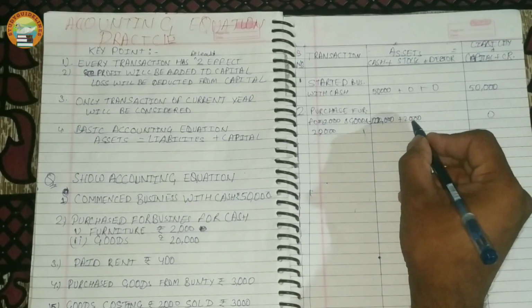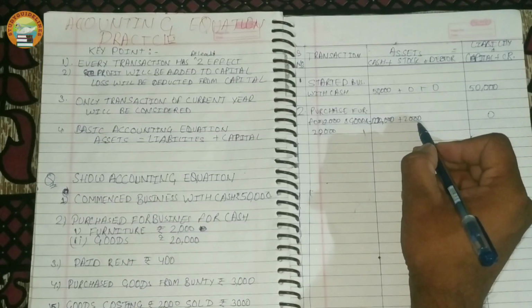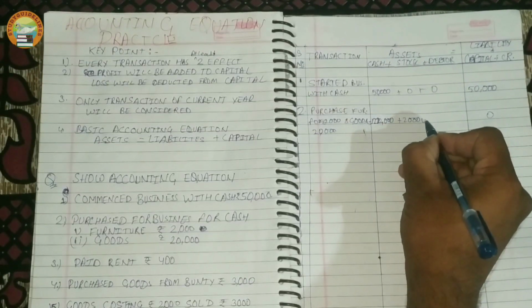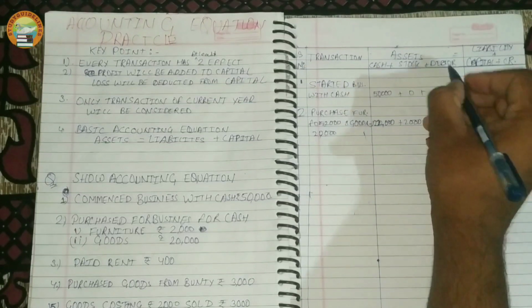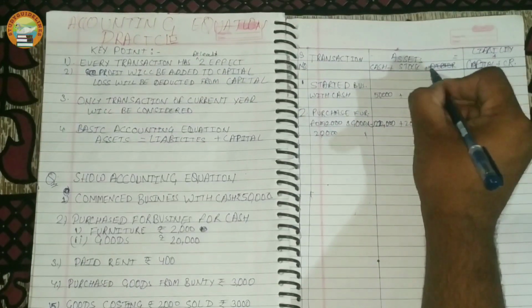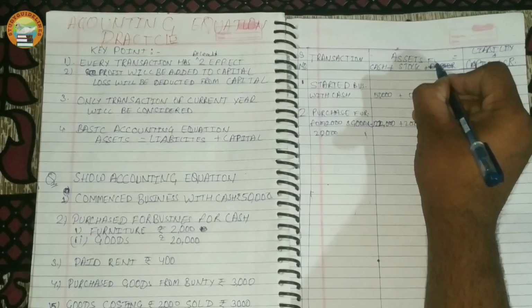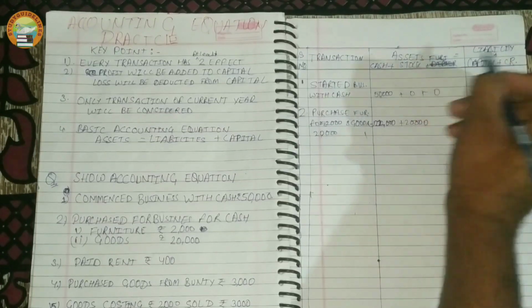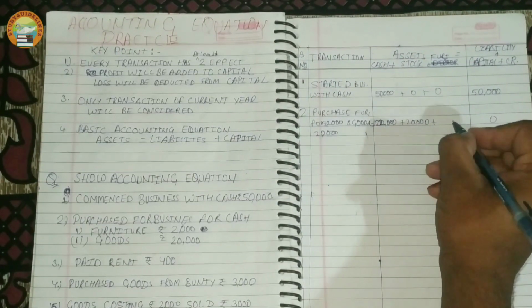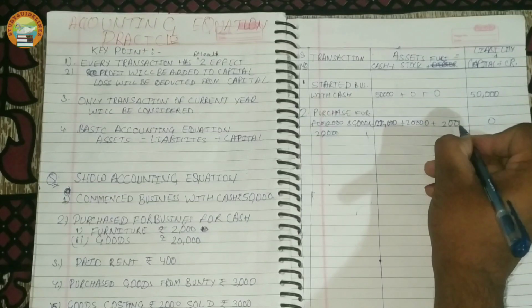So 20,000 stock, and the 2,000 will be furniture. So furniture will be added by 2,000.